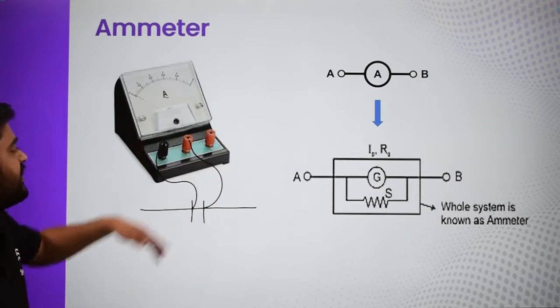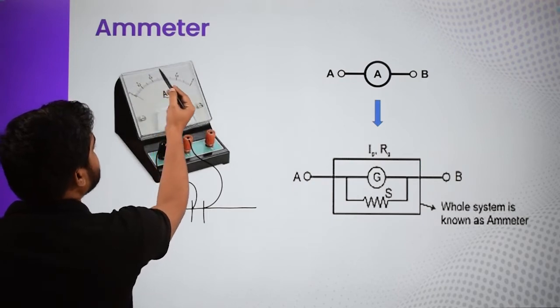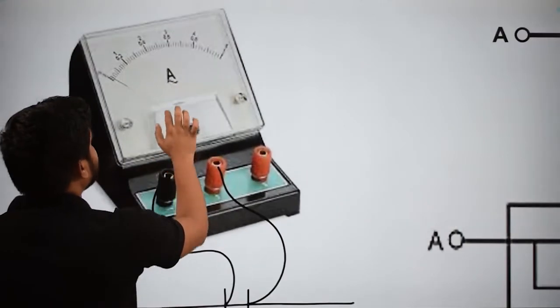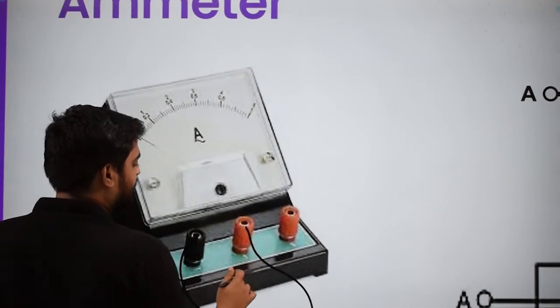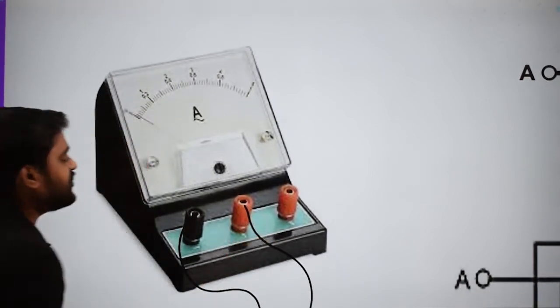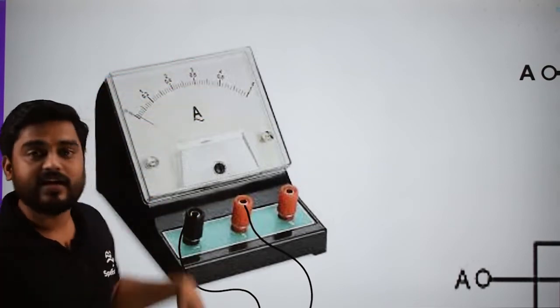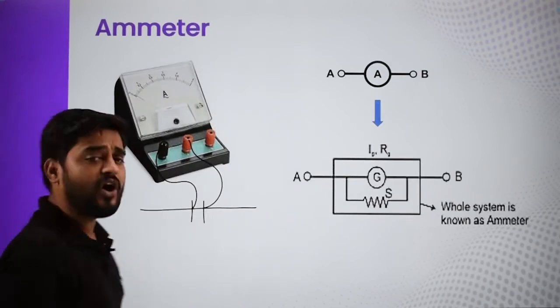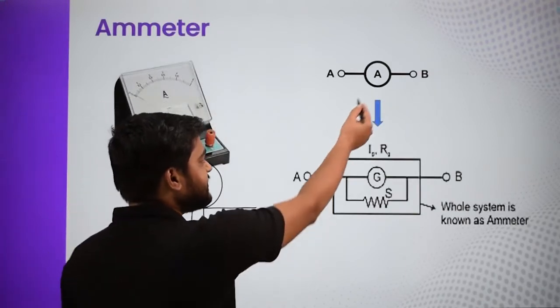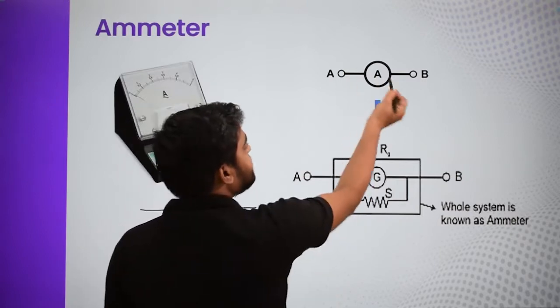There are two different scales, and whether to check the above scale or the bottom scale depends on which red pin we are using. Now, if we talk about the symbol, this is the symbol for an ammeter. It's just a circle with A written in it, which says that it is an ammeter.